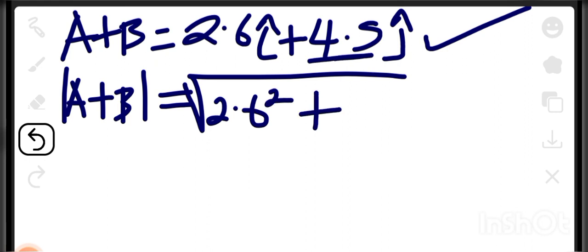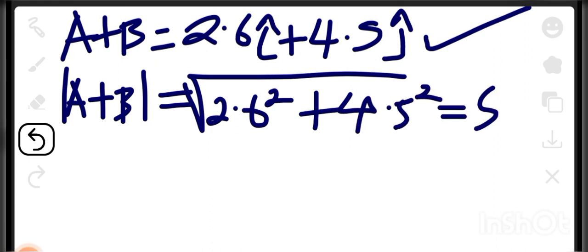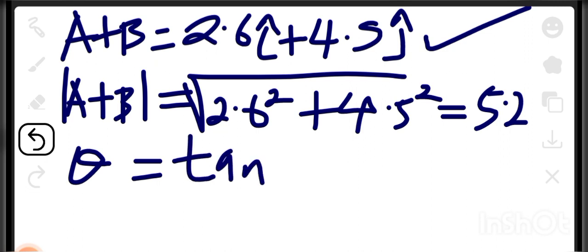Then plus the coefficient of j, which is ay, which is 4.5, then square it. This one is going to give you 5.2. Then the direction theta to the positive x axis will be tan inverse of ay over ax. Check, ax is positive, ay is also positive, so that formula will still work.